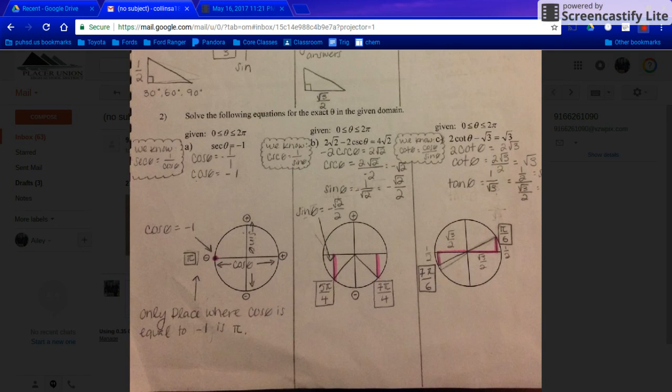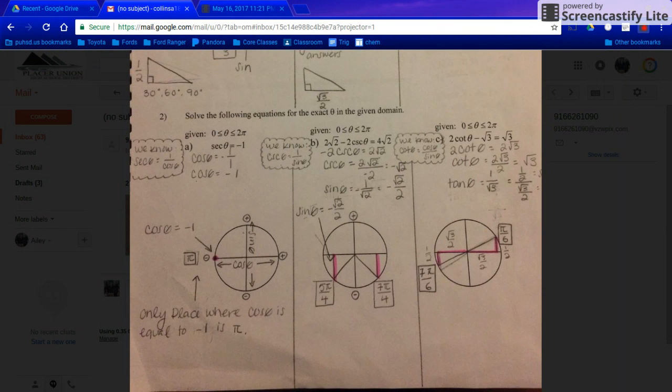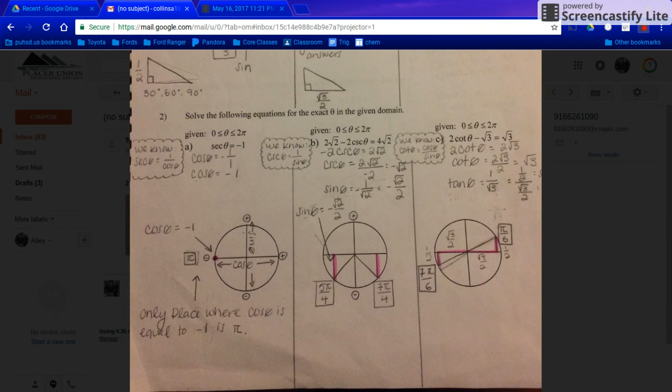And like in the other problem 1b, since it's cosecant, we're going to bring down sine theta, and across from it, we're going to bring down the fraction 1 over sine theta, and replace sine theta with -root 2, which gives us sine theta is equal to -1 over root 2, which is another way of saying -root 2 over 2.